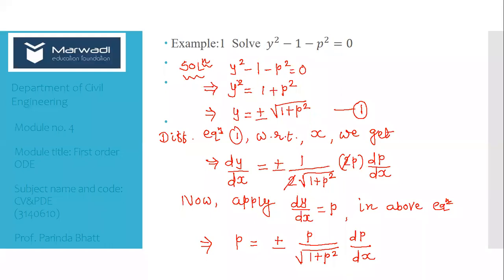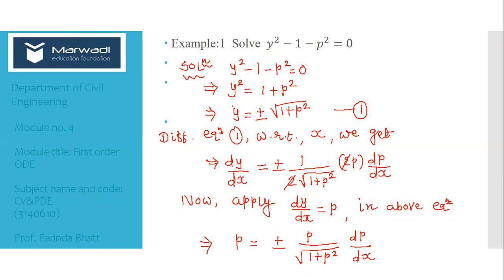Now, what to do? Convert the whole function into the format of y equal to f of x comma p. Right? Therefore, we are converting this in equation number 1. Now differentiate equation number 1 with respect to x, both sides.